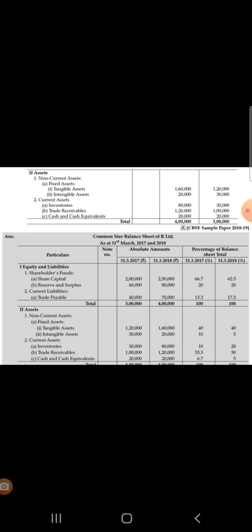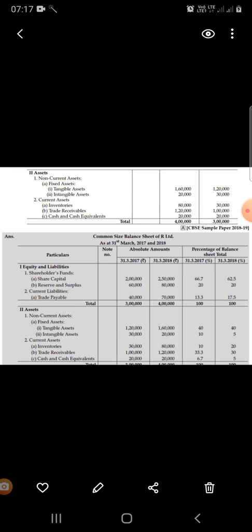So our previous year is 2017 and our current year is 2018. First we have to write the share capital and reserve and surplus, which are given in the question. You can see 2 lakhs and 2 lakhs 50,000 as share capital, and 60,000 and 80,000 as reserve and surplus for the years 2017 and 18 respectively.